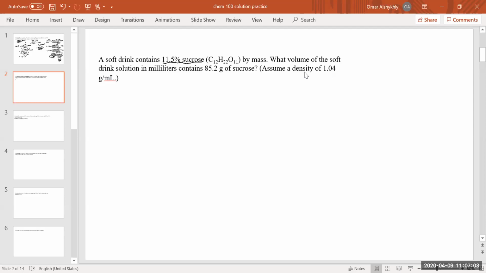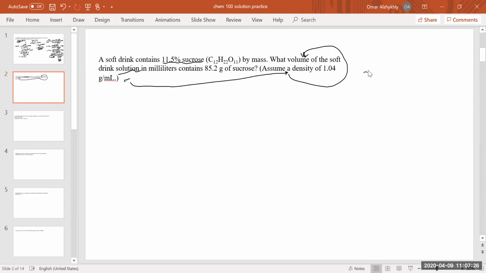So here they are asking for the volume of the solution. If we have the mass of solution, we will be able to use the density and calculate the volume.